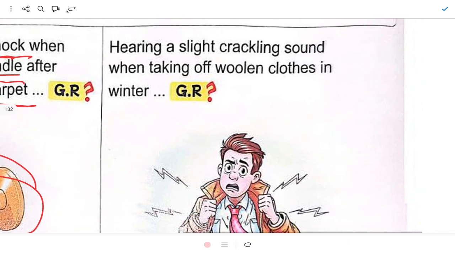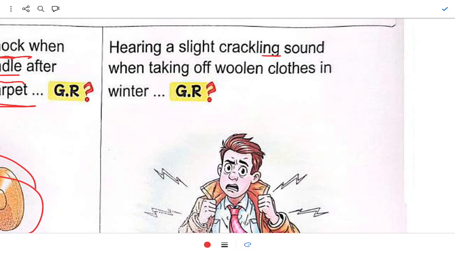You will hear a slight crackling sound when taking off woolen clothes in winter. Can you give me the reason?